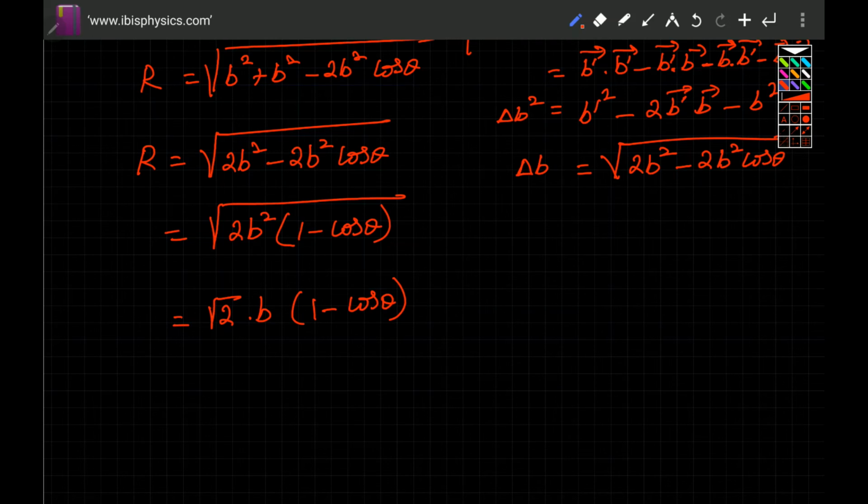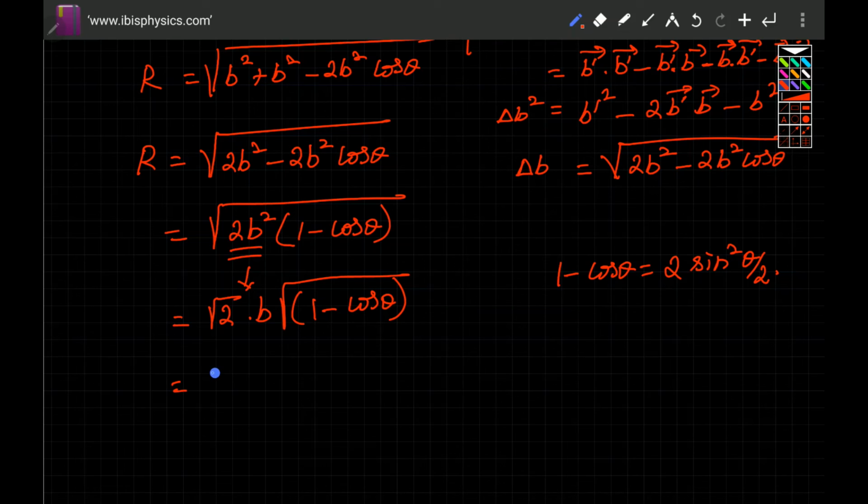Here there is a trigonometrical identity I would like you to remember, or there is a video I've just posted, some useful trigonometrical identities for you. In that, 1 minus cos theta is actually equal to 2 sine square theta by 2. This is still within the root, so only this term we have taken out.